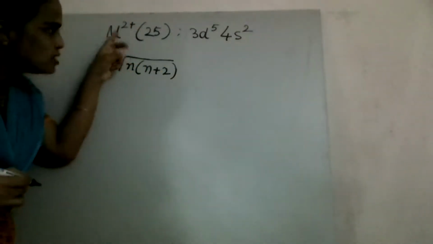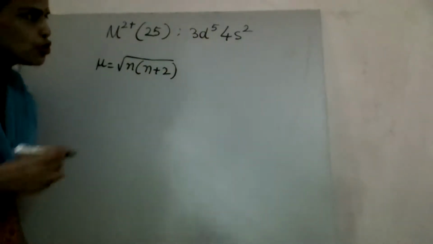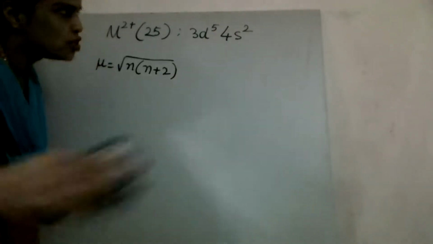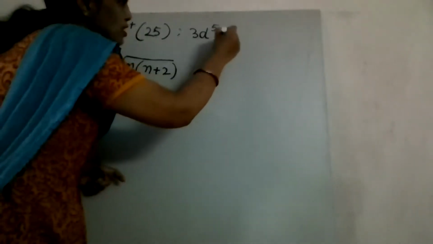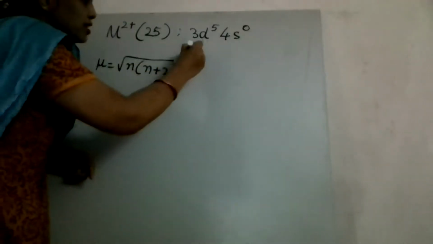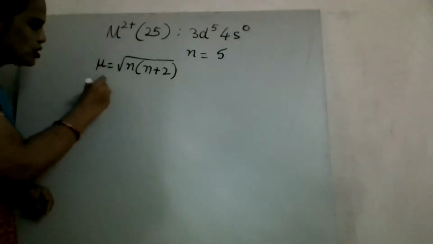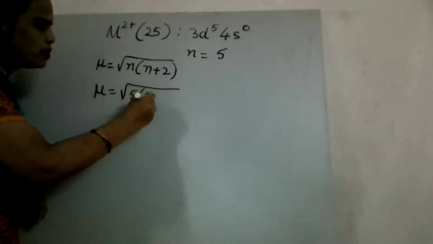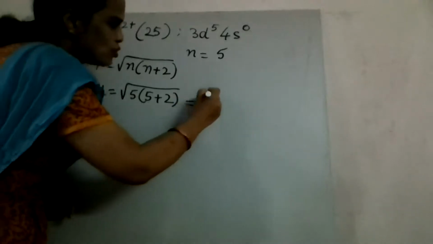So since it is present in Mn +2 state, you will remove 2 electrons from its outermost shell. That is, you will remove 2 electrons from here, and it gives the configuration of 3d5 4s0. And the value of n here is 5. So on putting this in the formula, you can calculate the value of mu as root over 5 into 5 plus 2. That is 7 into 5, root 35.